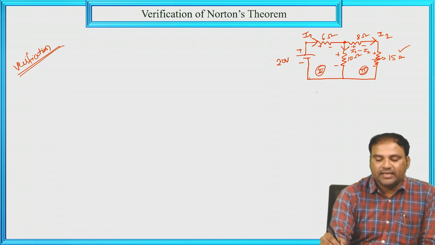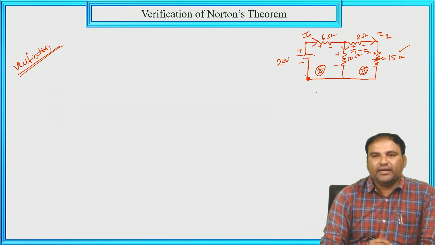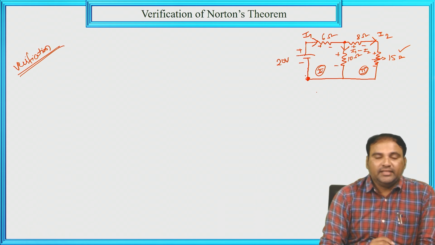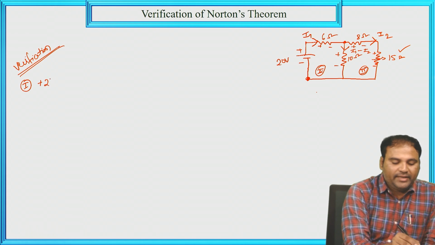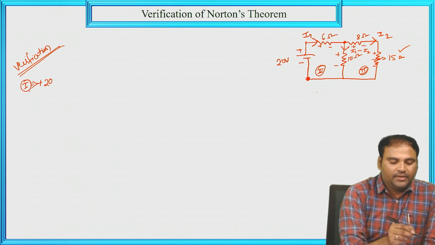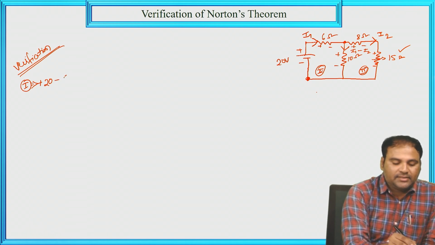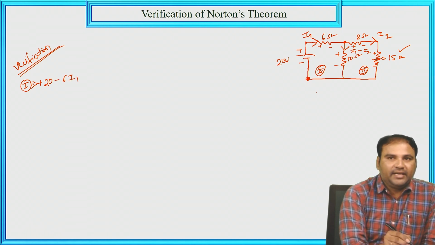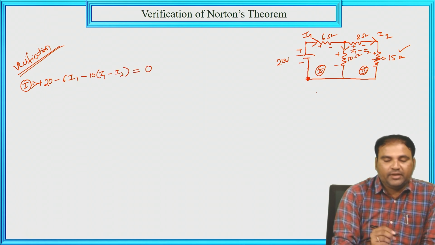In this case I am starting from this point. When starting from here, we always need to take the second polarity, or we can also take the first polarity. I am taking the second polarity. First loop equation: plus 20, and the second polarity of 6 ohm is minus 6 I1, and the second polarity of 10 ohm is minus 10 into (I1 minus I2), and there are no more elements, so that should be equal to 0.